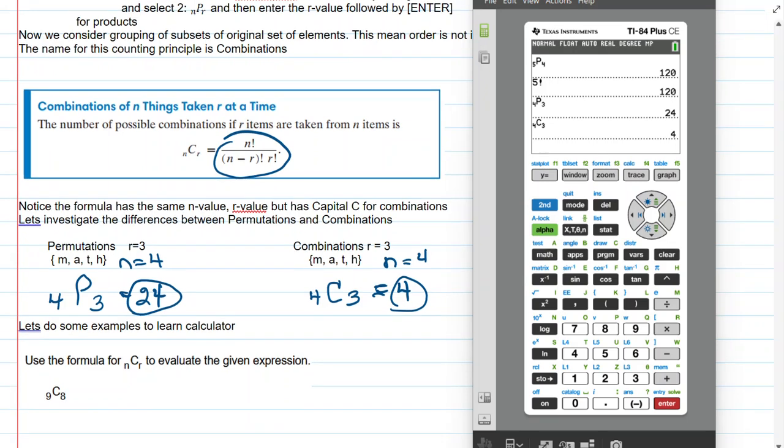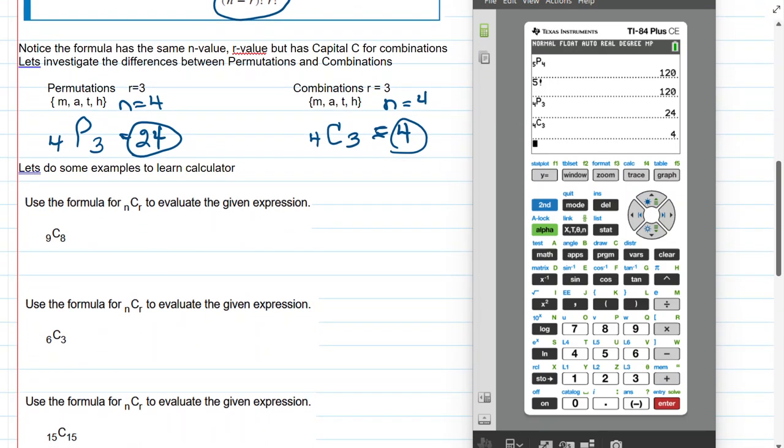So we're going to learn the calculator first. And we've already talked about it. We first construct NCR.